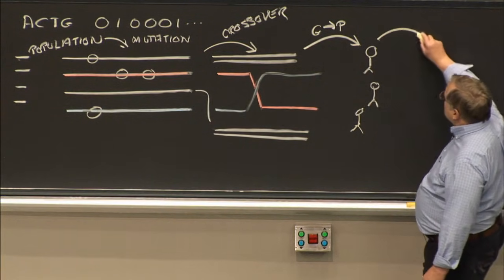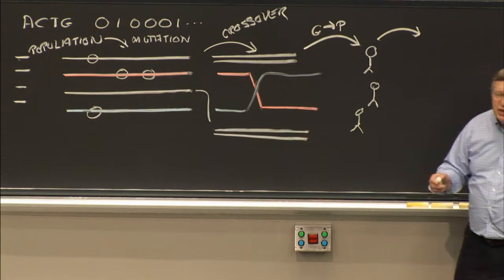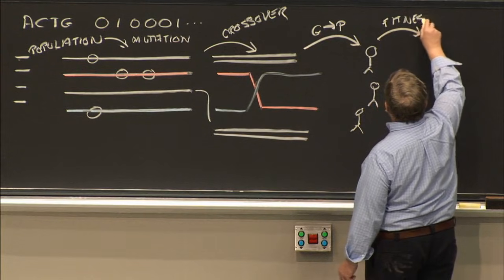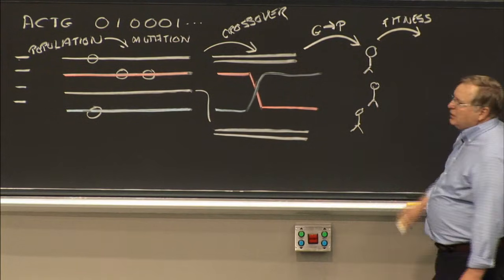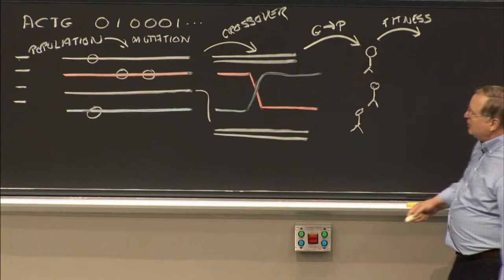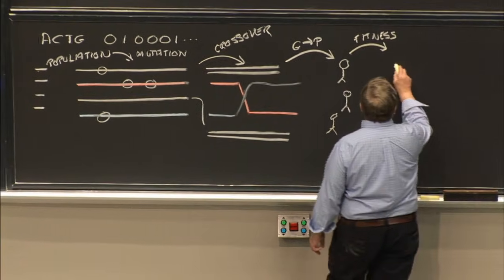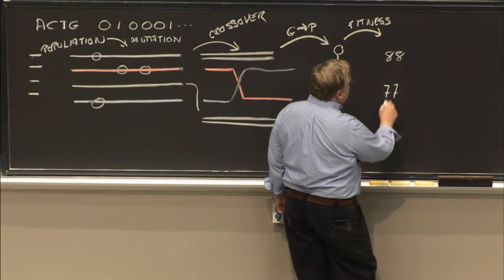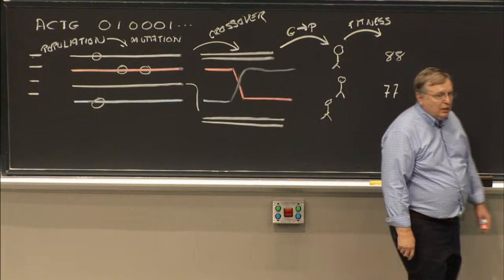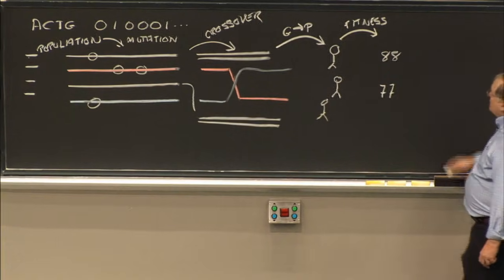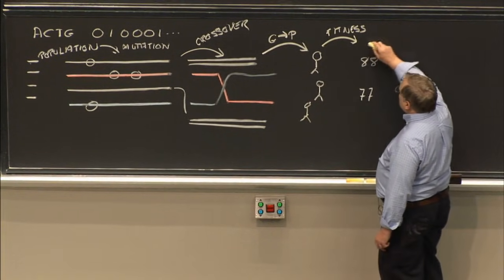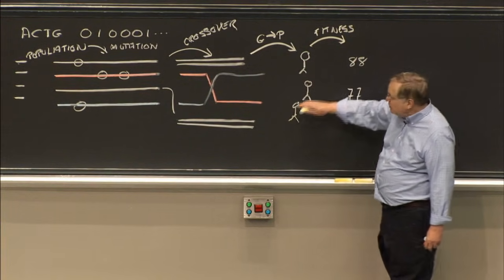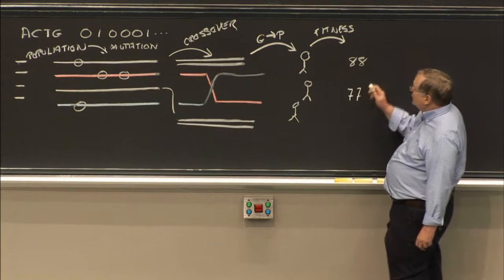Now each of those individuals, because they have varying chromosomal composition, will have a different fitness. So these fitnesses might be, well, who knows how they might be scored, but we're computer scientists, we might as well use numbers. So maybe this guy's fitness is 88, and this guy's fitness is 77, and so on. So now that we've got fitness, by the way, notice all the choices involved there. Choice of how you interpret the genotype, choice about how the phenotype produces a fitness.